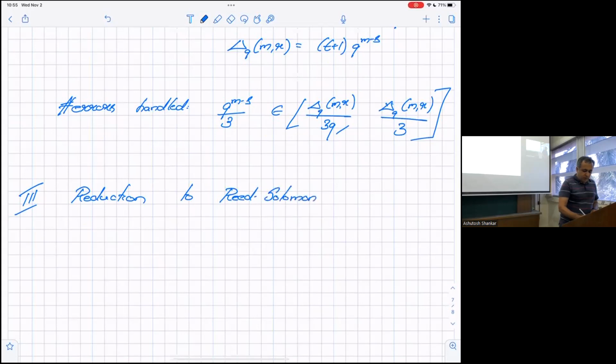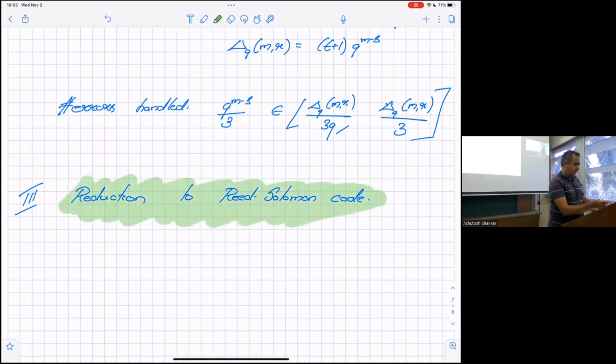This will handle the whole range. This is due to Pellikaan and Wu. It is actually a very simple but clean reduction.